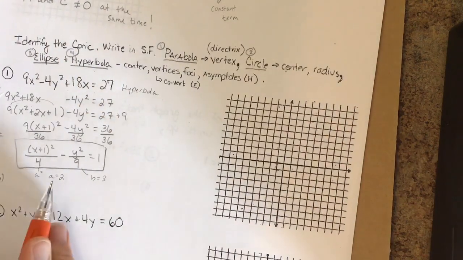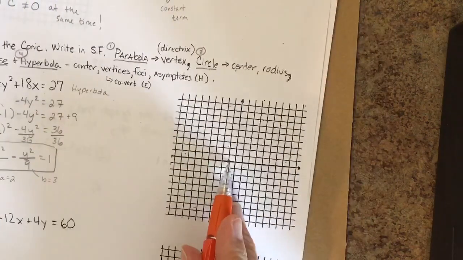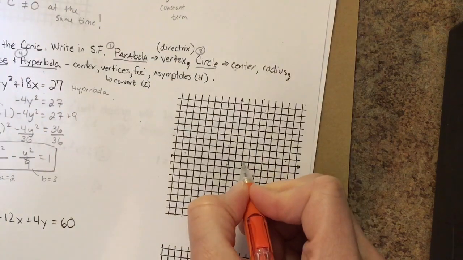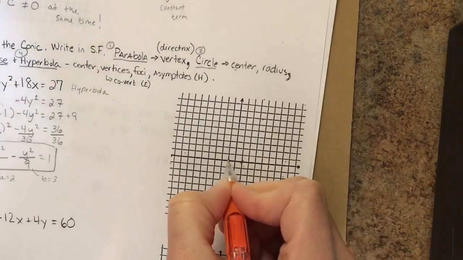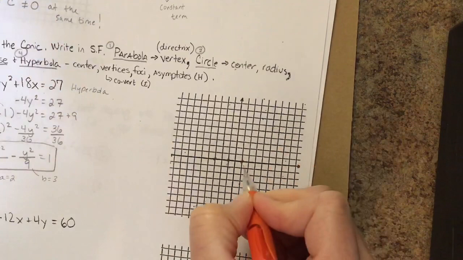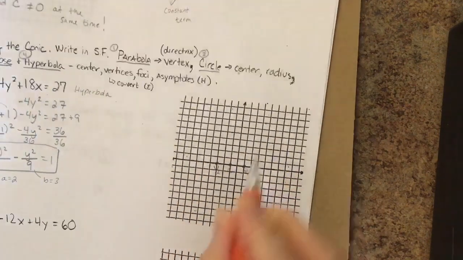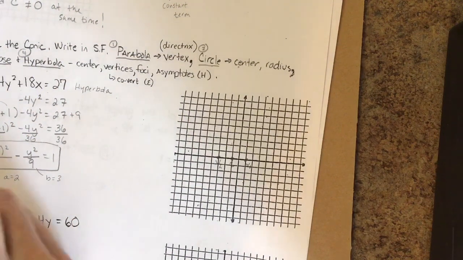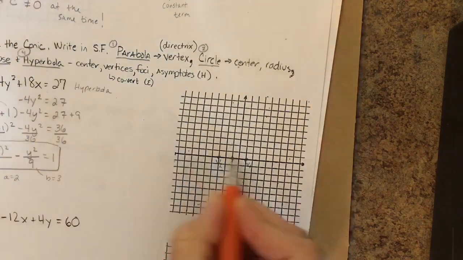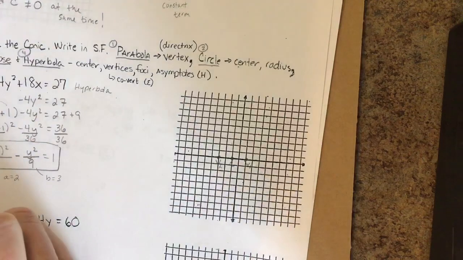If a is 2, that's the distance from a center to a vertex. So I go 2 to the right, 2 to the left. V1, second vertex, V2. Vertices are (1, 0) and (-3, 0).